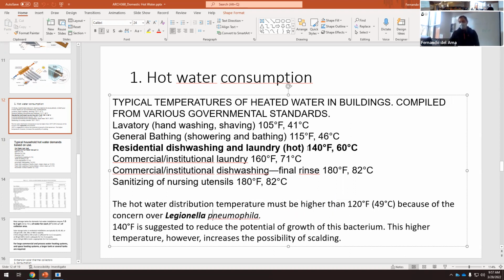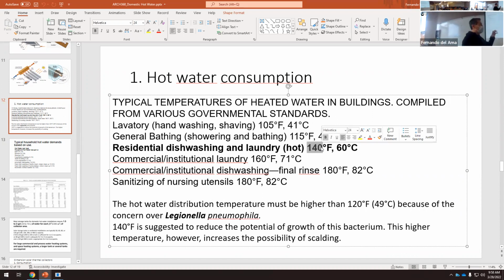That's why we need to heat up water up to 140, because at that temperature this bacteria dies. Even though we don't need such hot water at the tap, because with 140 we need to mix, at the tank the water temperature should be up to 140 Fahrenheit.